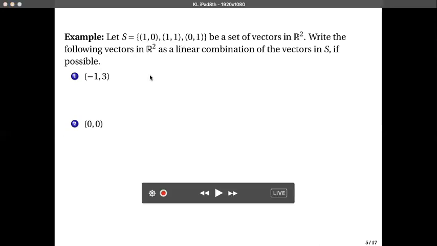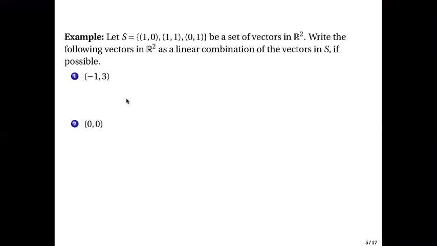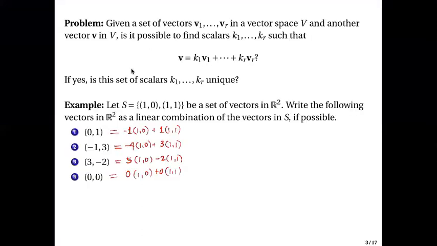Okay. So in here we have (-1, 3). We can use only this vector and this vector here, just like in this example here. This is (-1, 3). We got -4 (1, 0) plus 3 (1, 1). So we can use that.